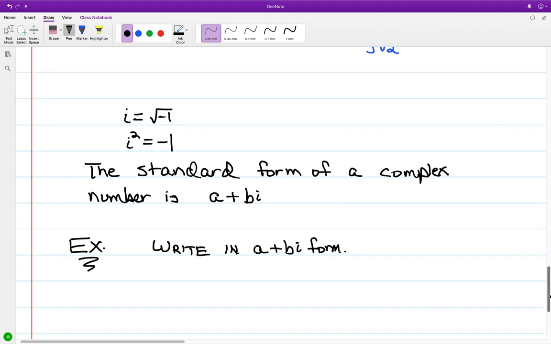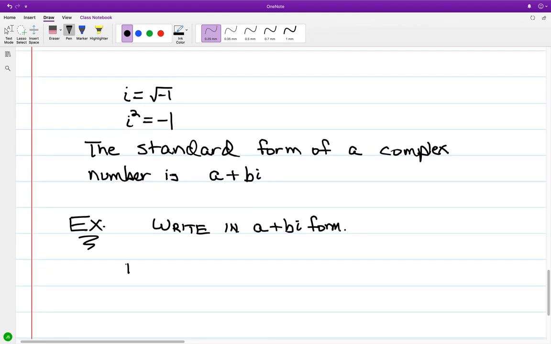We'll say in our operations, the first case, we have 3 plus the square root of -4, plus the quantity 5 minus the square root of -64.